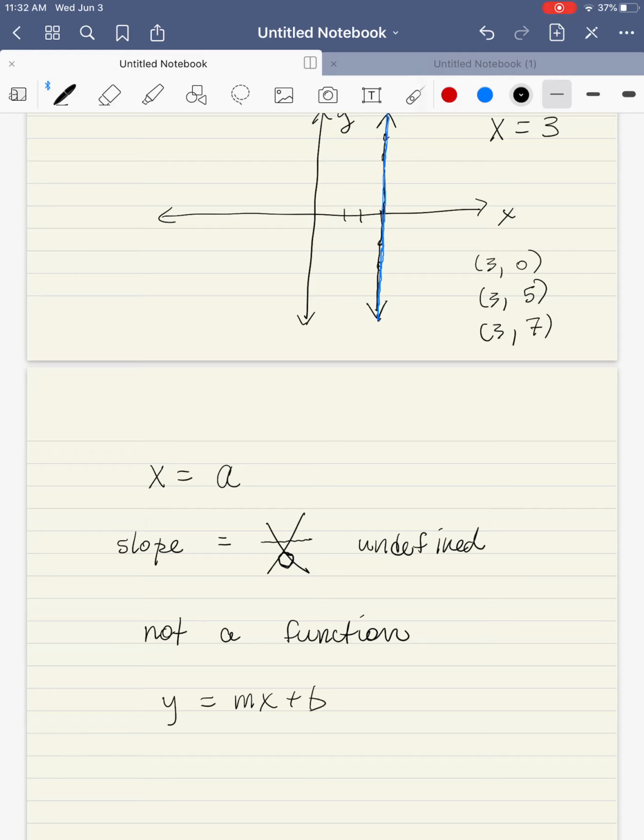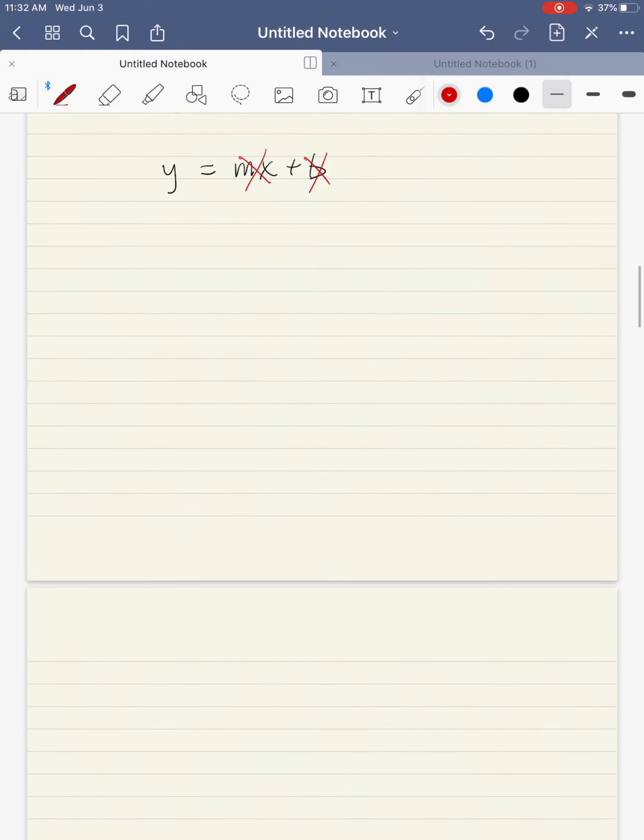And notice if I try to put this in y equals mx plus b form, there is no slope and there is no y-intercept. So I cannot try to put it in this form at all, and that's because it is not a function.